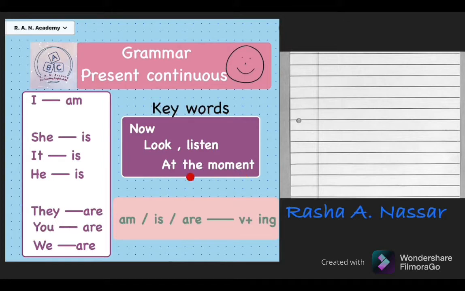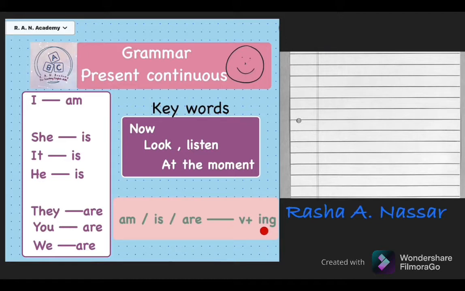So, how can I use the verb in the present continuous tense? I should write am or is or are, and then the verb with ing. Again, I will write am or is or are plus verb plus ing.